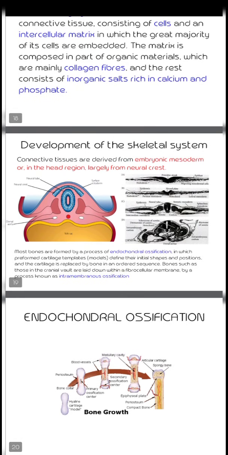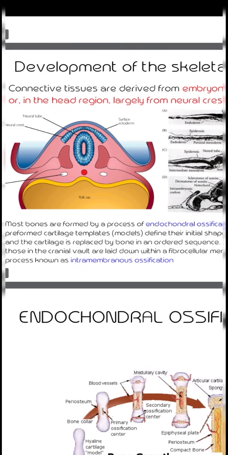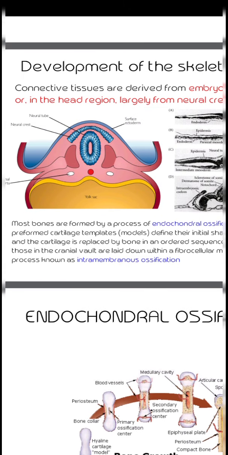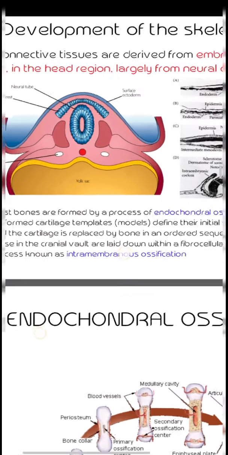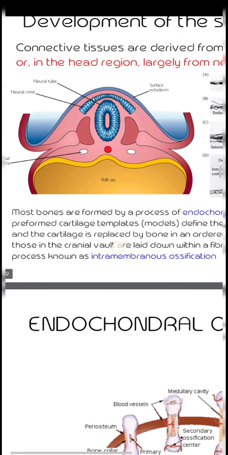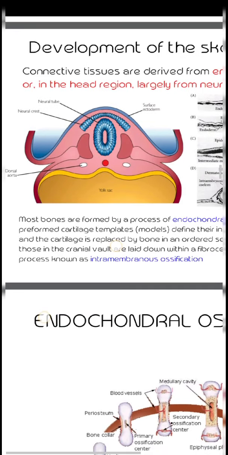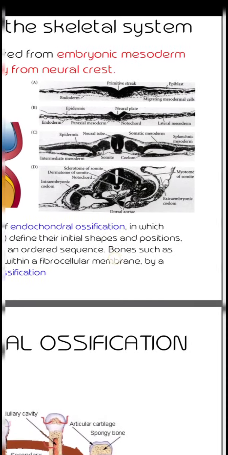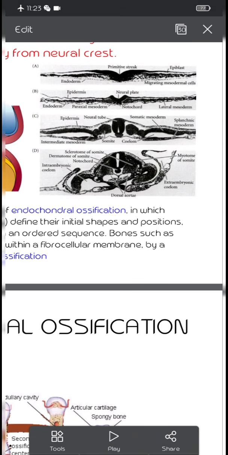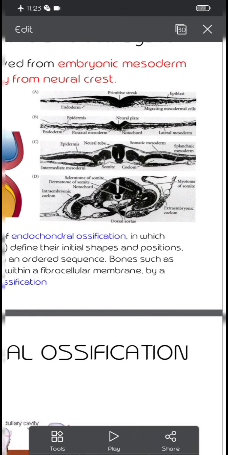Okay, now a little embryological overview of the development of the skeletal system, or development of bones. The connective tissue is derived from mesoderm. So in the start there are only two membranes, the endoblast and epiblast, I think.